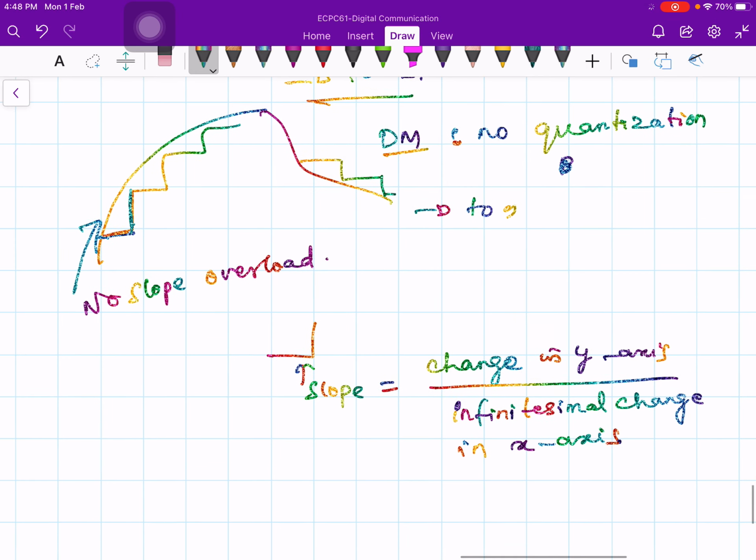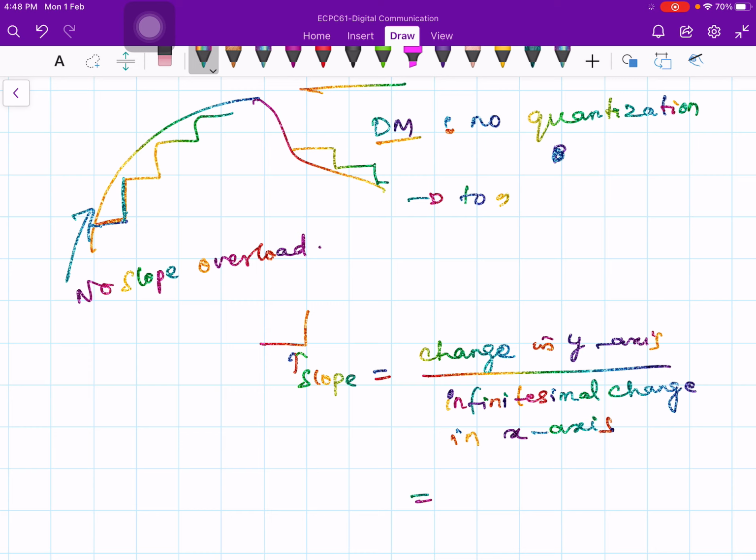How much change are you getting here in y? The change is delta. And how long are you waiting? The sampling interval Ts. So this is the slope. 1 by Ts I can write as Fs, so delta times Fs.